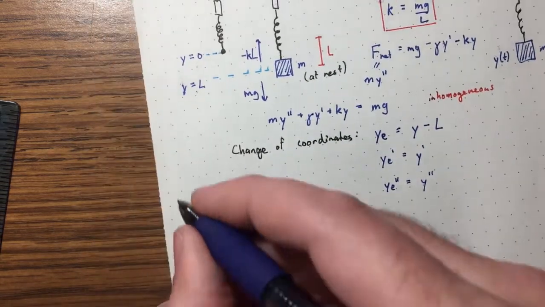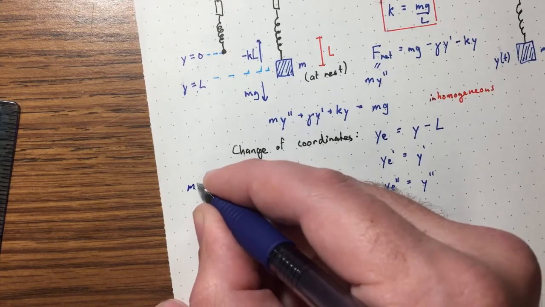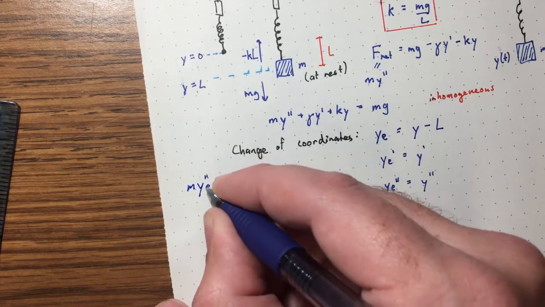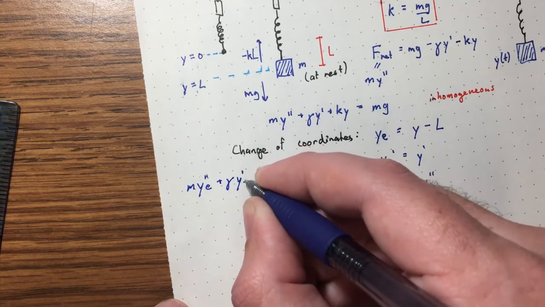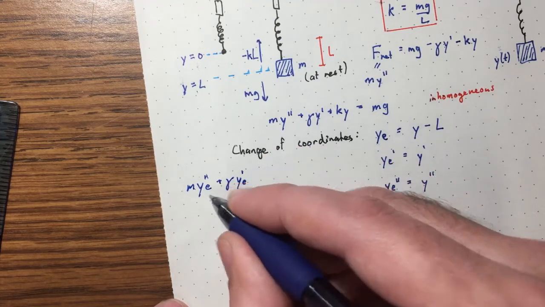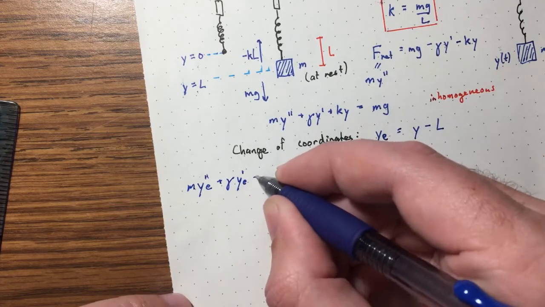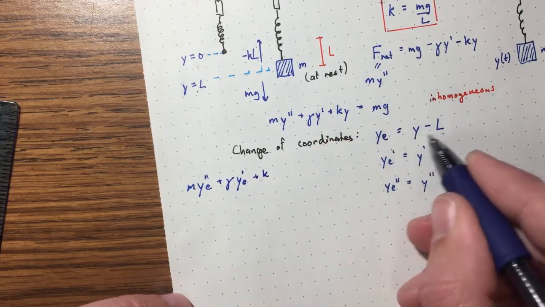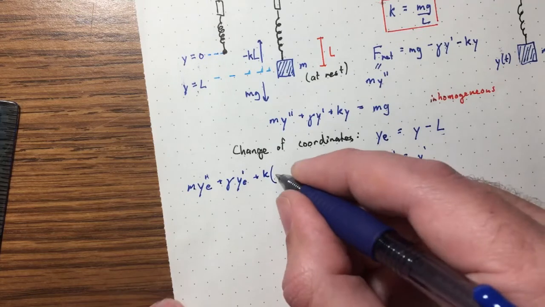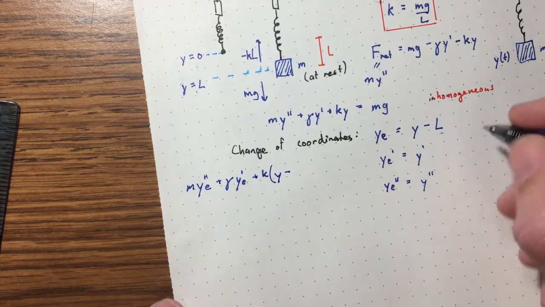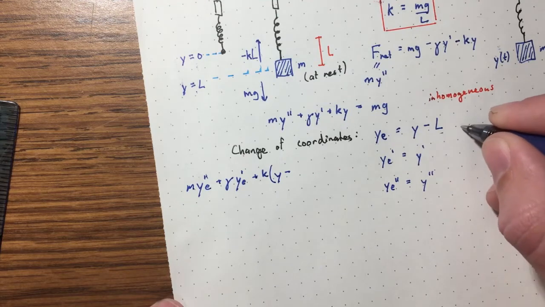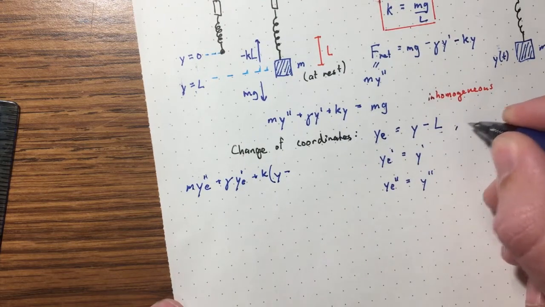So let's plug it into the differential equation. So we get m y double prime e plus gamma y prime e. E is just a subscript. Plus k times, here it's a little different. I actually need to solve, so I have y here, so I want to solve this for y.